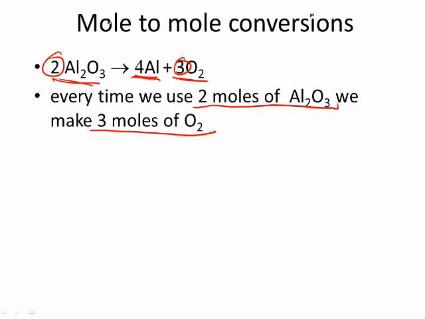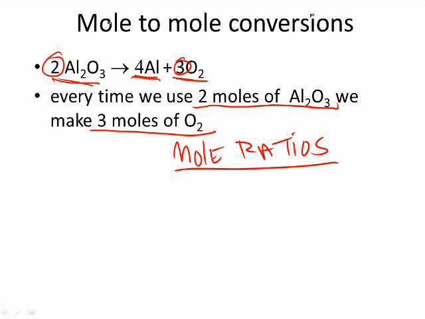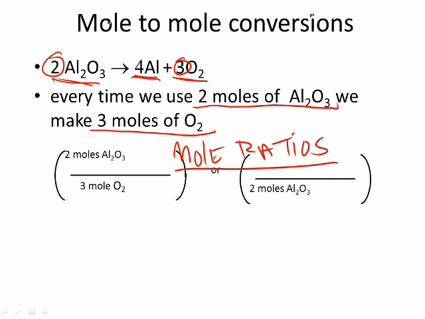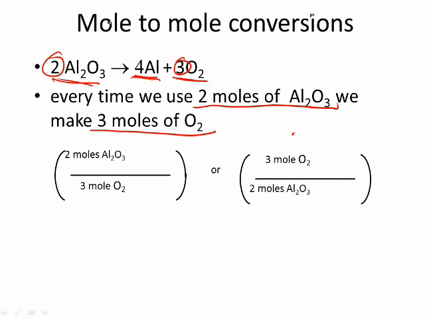So let's look at these. These are all mole ratios. We need to understand the mole ratio of one substance to the other. So for instance, we have 2 moles of Al2O3 is to 3 moles of O2. So we have mole ratios here.